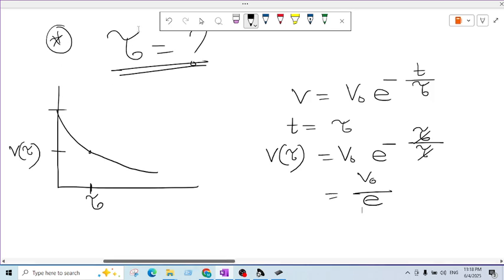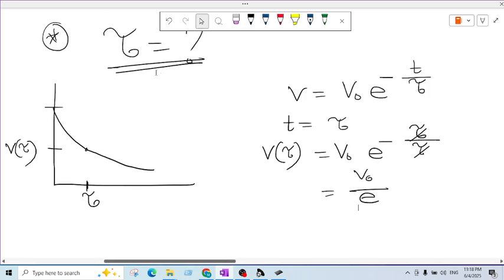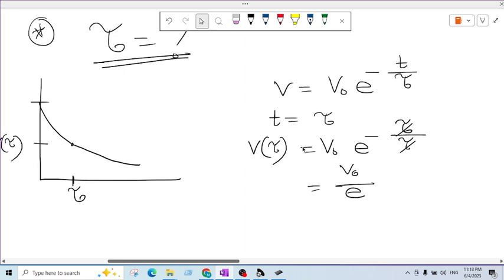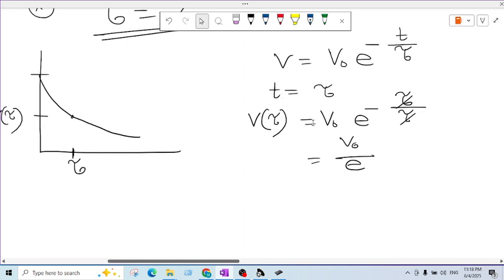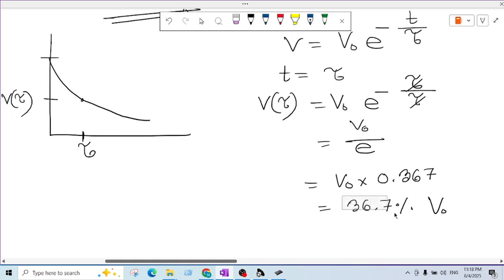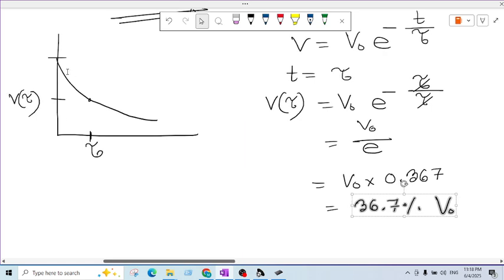So the significance of e is that when time is equal to tau, the voltage is equal to v naught by e, and if I calculate 1 by e, I will get v naught into 0.367, or 36.7%. That means tau is the time when the output voltage will be equal to 36.7% of the initial voltage.